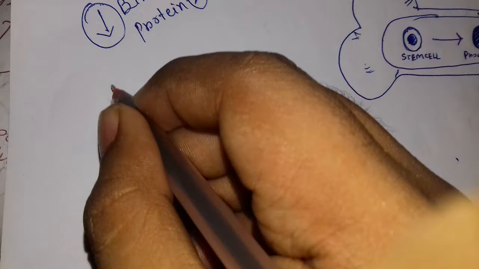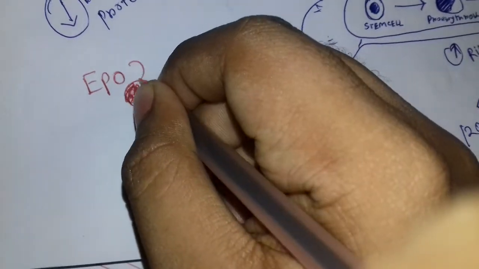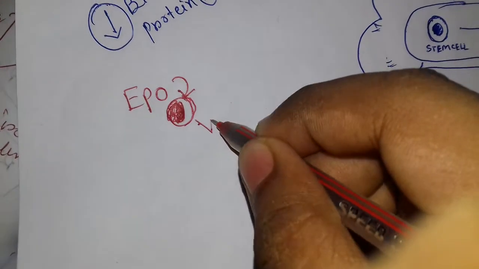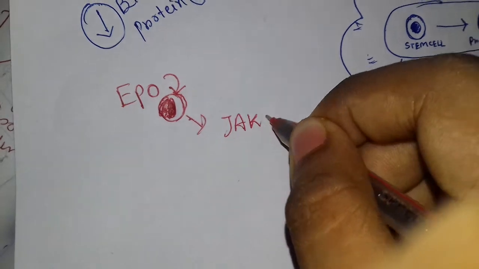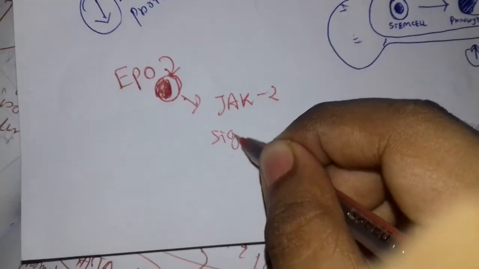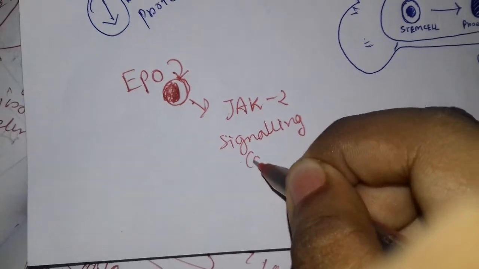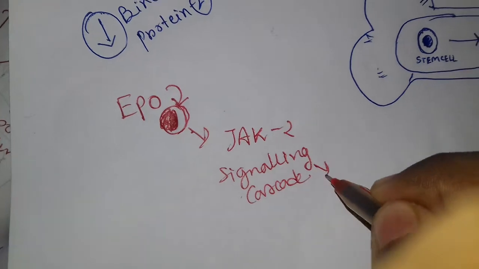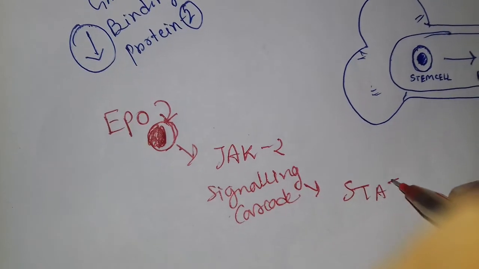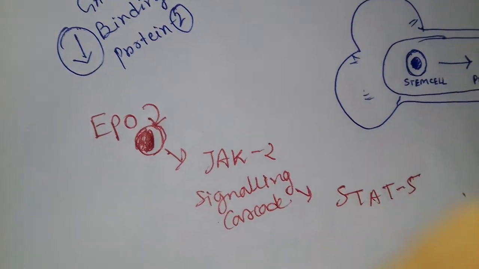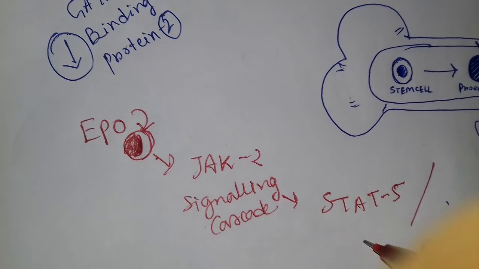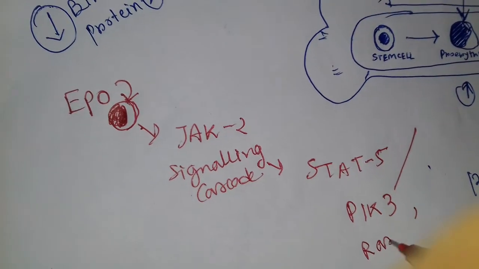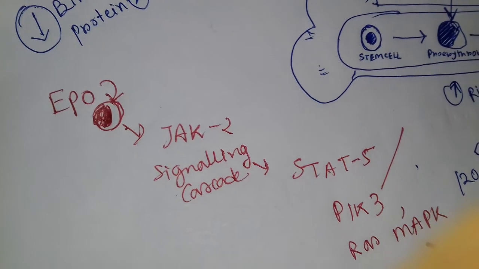So at the cellular level, erythropoietin basically acts on these RBC progenitor cells, and they activate the JAK2 signaling cascade, which in turn activates the STAT5 pathway, and there are other pathways like PI3K, then RAS MAPK pathways.